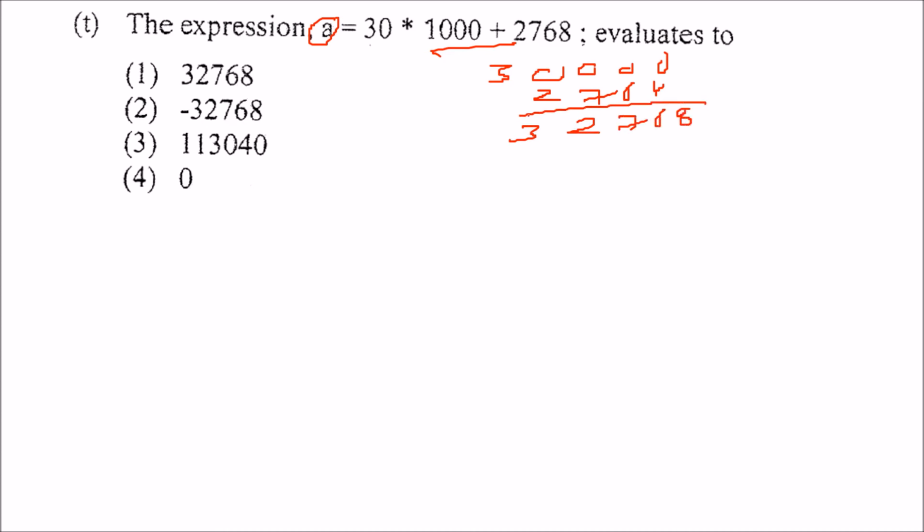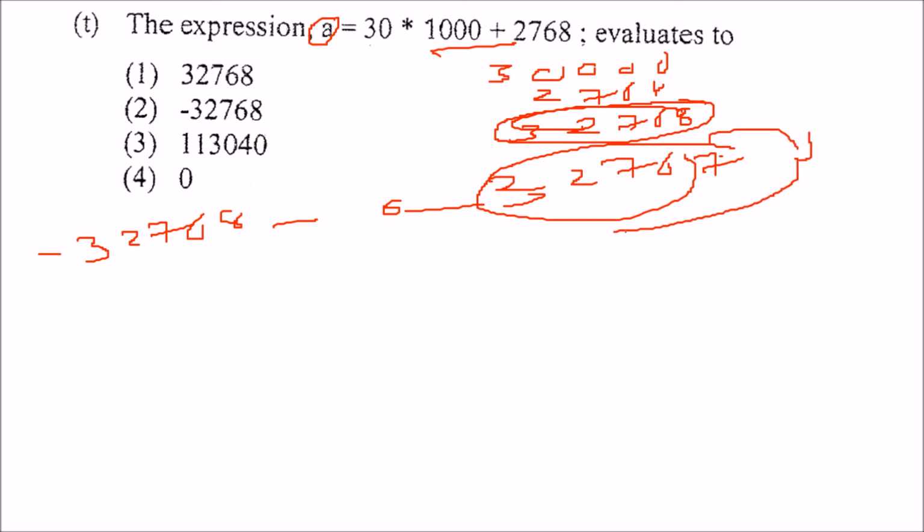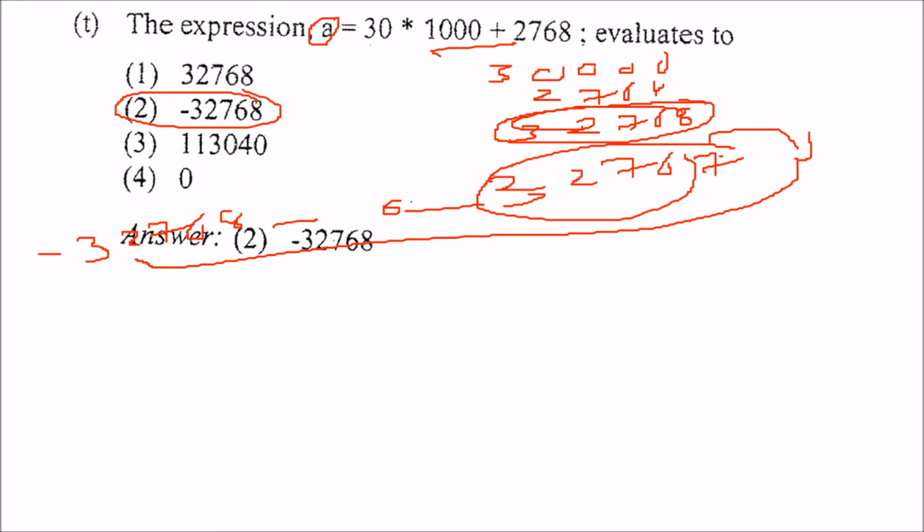Now this goes beyond the limit of 2 bytes. 32767 is our higher limit. So this will take you to the opposite side of the number line. Because we have crossed this limit, this will take us to minus 32768. So the answer will be this one, minus 32768.